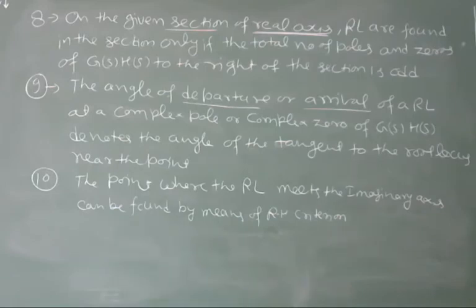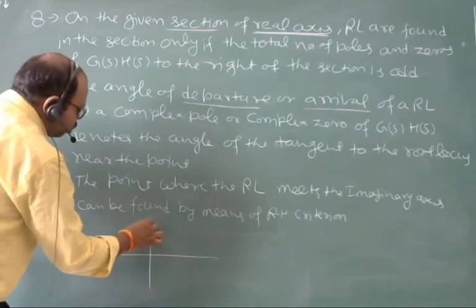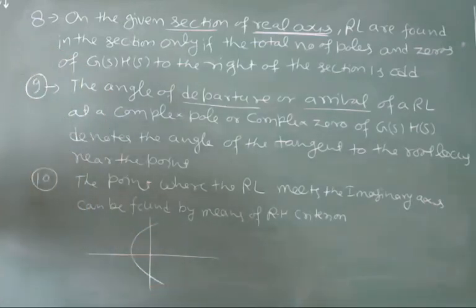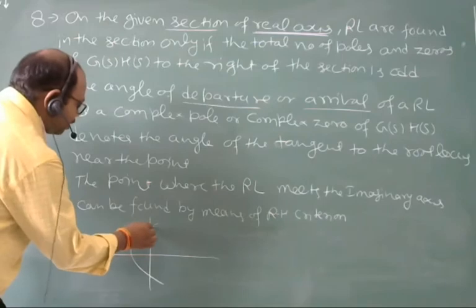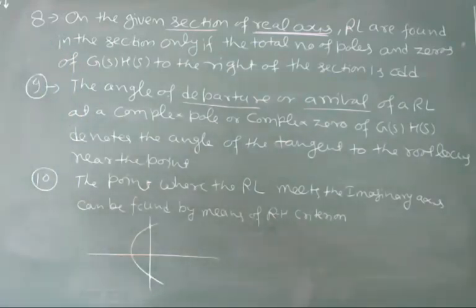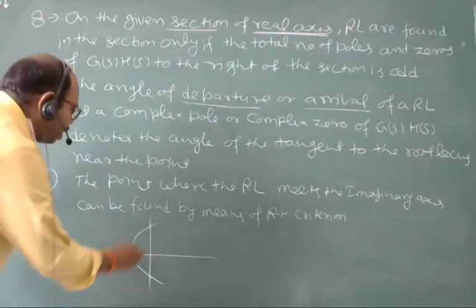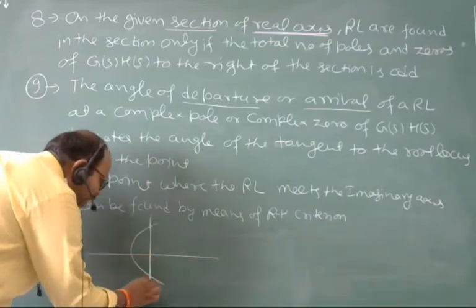What is root locus? Locus of the roots. And if the root locus crosses the imaginary axis, it means at this point the roots of the characteristic equation lie on the imaginary axis.